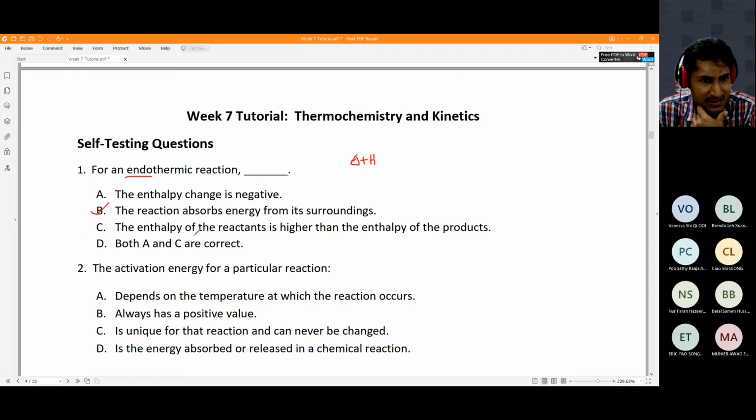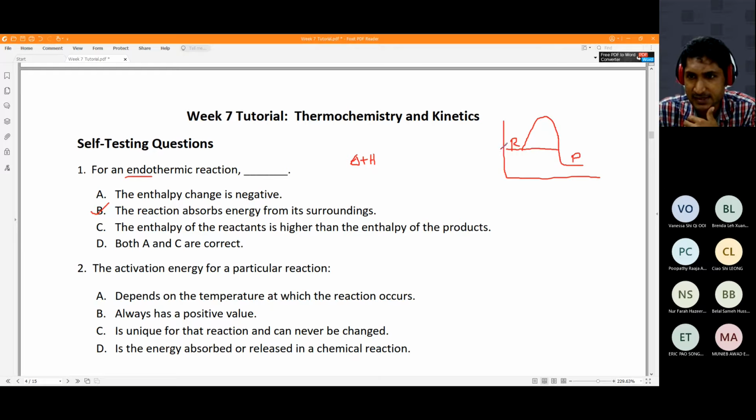And then C says that the enthalpy of the reactant is higher than the enthalpy of the product. It is indicating the energy diagram. So this is the reactant and this is the product. If the reactant enthalpy is higher than the product, that means it is releasing heat.